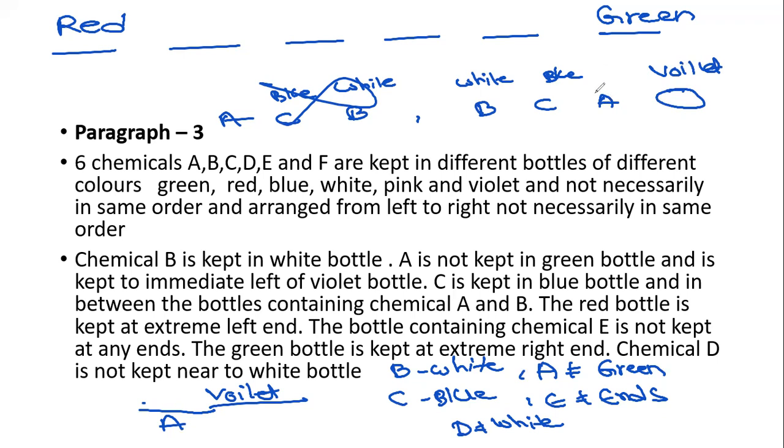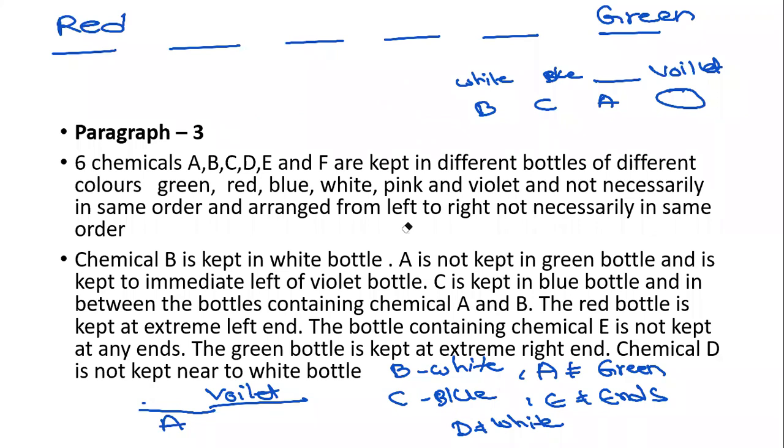Violet left side is chemical A. Which color bottle is which we will understand based on the remaining leftover color bottles. So combination BCA is correct. Combination ACB we have eliminated. Why? Because we can't find violet color left side as A. We can see here blue color left side chemical is A. That's the reason ACB is eliminated. BCA and violet is the correct combination.